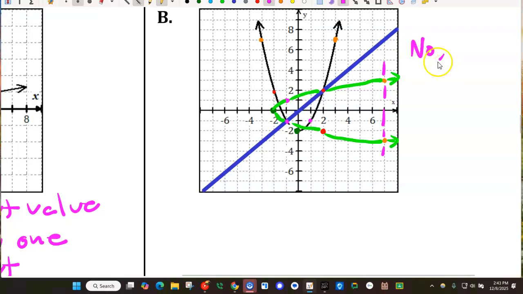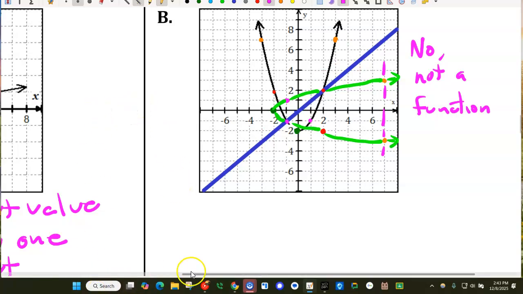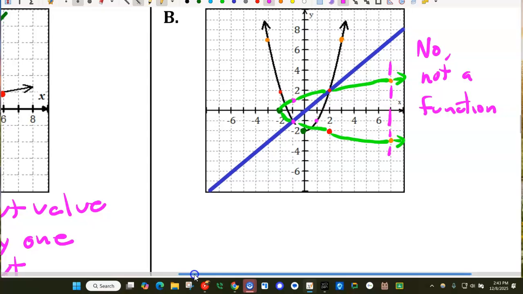You could say each output value is not produced by one unique input, or you could say not a function. So it has to pass both the vertical line test and the horizontal line test. If we can remember that graphically, we're in good shape.